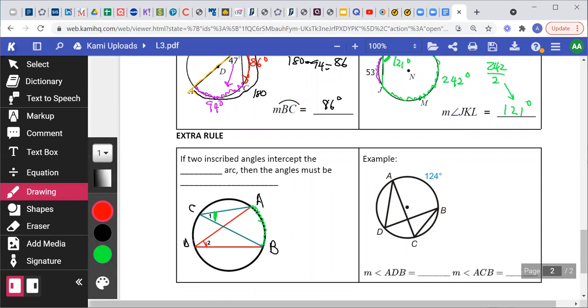This angle here too is another inscribed angle, and the intersected arc is also AB. Since the two of them are inscribed angles and they have the same intersected arc, then they have to be congruent.